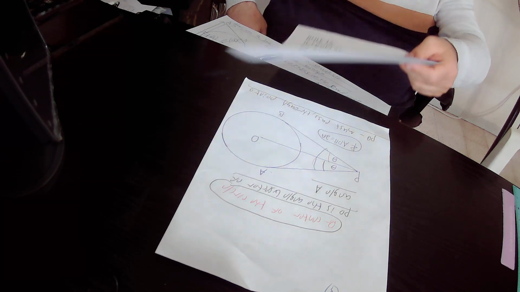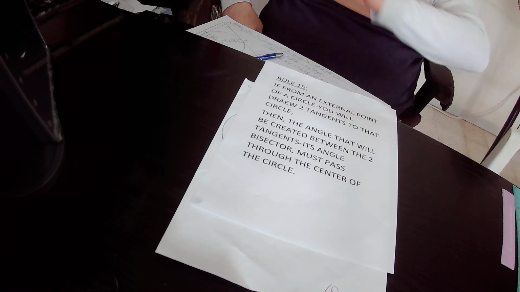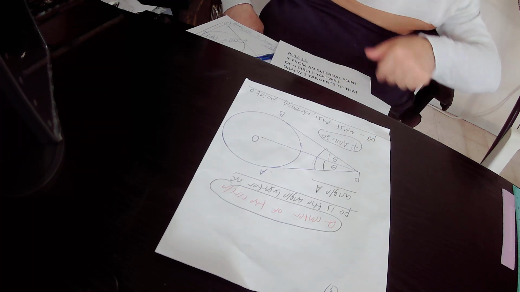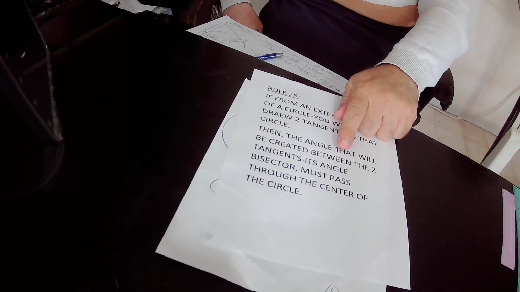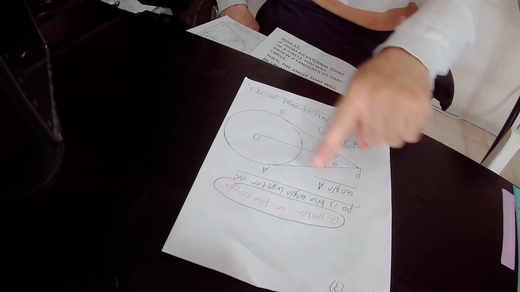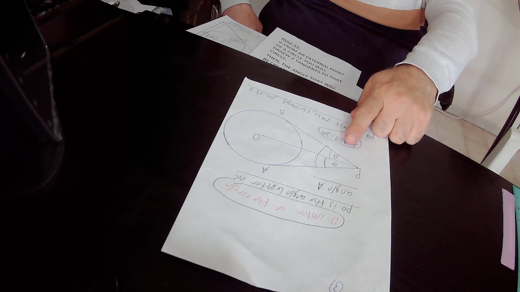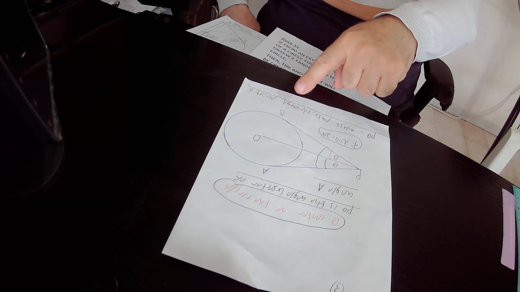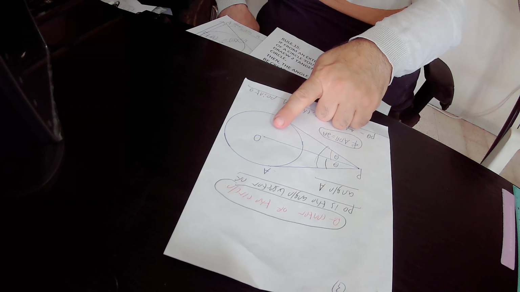According to rule 15, the angle created between the two tangents, angle APB, has an angle bisector that must pass through the center of the circle. So the angle bisector of angle APB must pass through point O, the center of this circle.